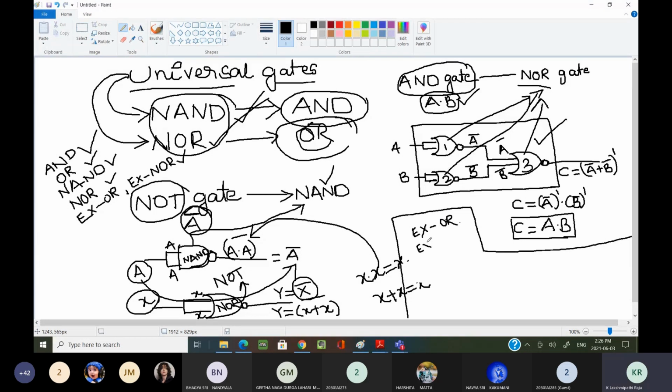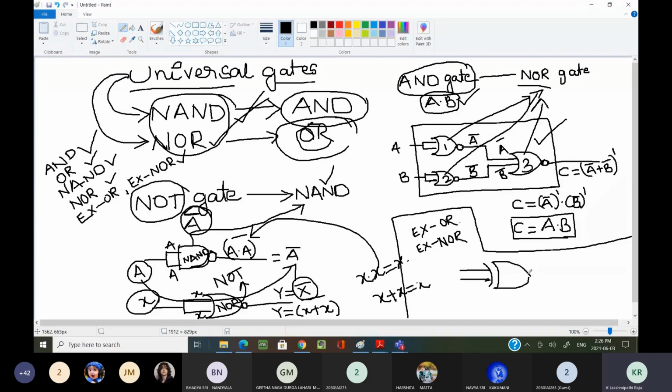What is this XOR doing, how will it function, what is the logical expression, and what is the logical symbol for this XOR gate? This is my two input XOR gate symbol.